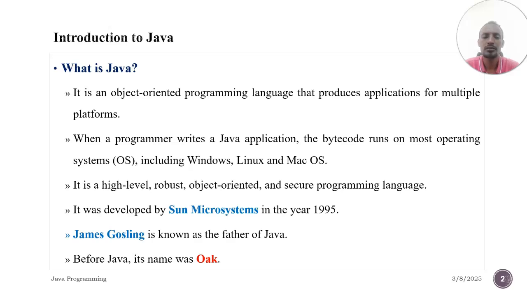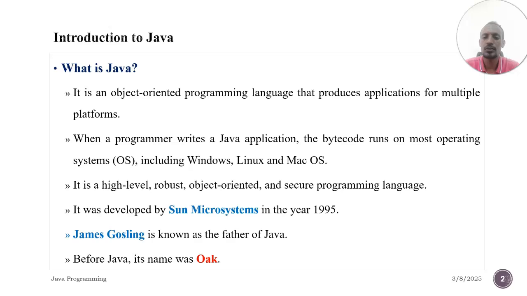next to Python. So Java is an object-oriented programming language that produces applications for multiple platforms. It can execute on every machine because Java is platform independent. When a programmer writes a Java application, that is what we call the source code.